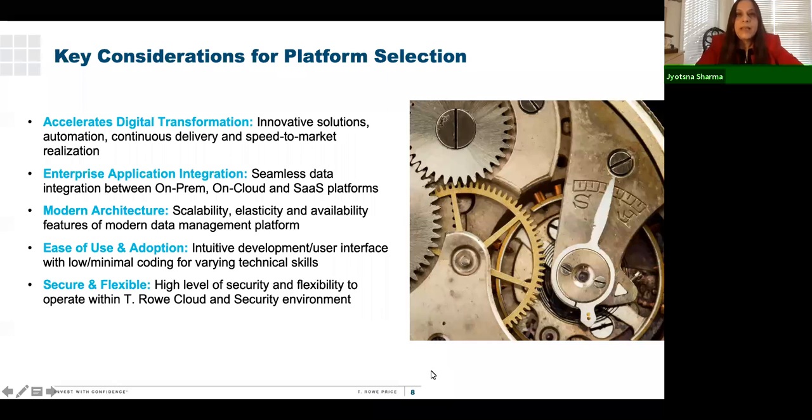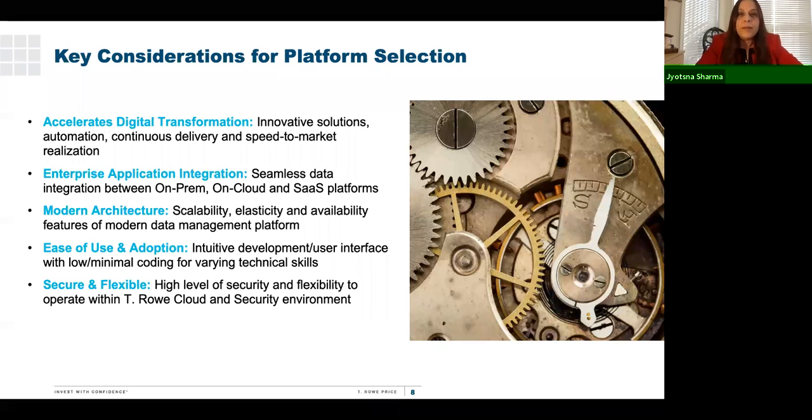So what were some of our key considerations for platform selection? I think some of these points, I did touch on. One was to accelerate our digital transformation, right? Help us build innovative, reusable solutions and components that are based on repeatable patterns. We build once and reuse it for multiple data feeds or multiple processes, and that would help us enable continuous delivery and speed to value realization.